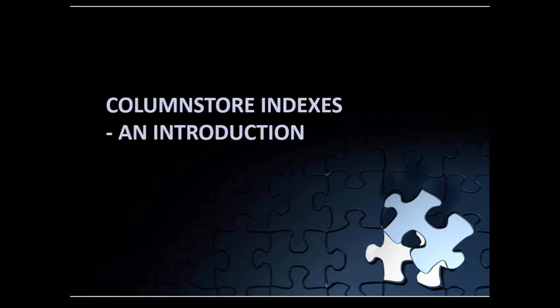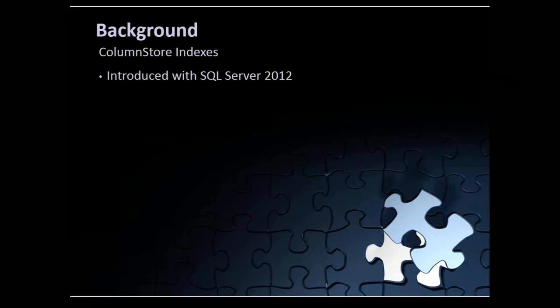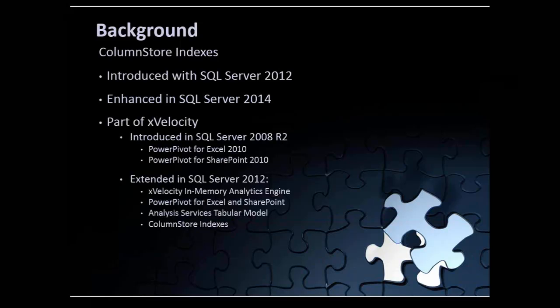So first of all, a little background, a brief introduction, just to make sure we understand what we're talking about. ColumnStore Indexes were introduced with SQL Server 2012, enhanced with SQL Server 2014, and they're part of xVelocity, which is a new in-memory family.